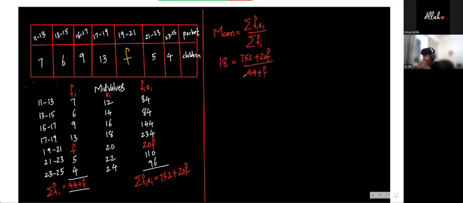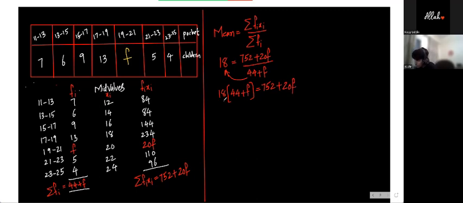We have to cross multiply this one with 18. So it will be 18 times (44 plus f) is equal to 752 plus 20f.